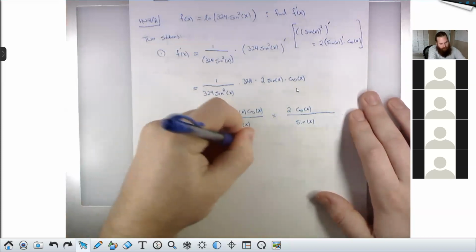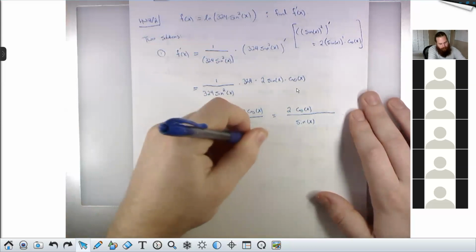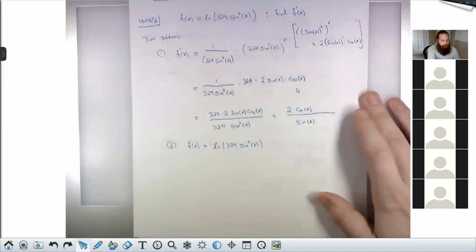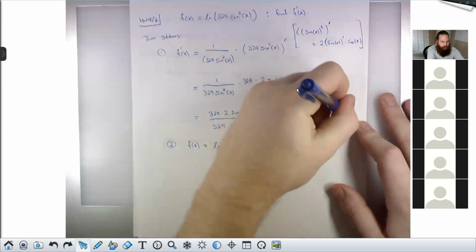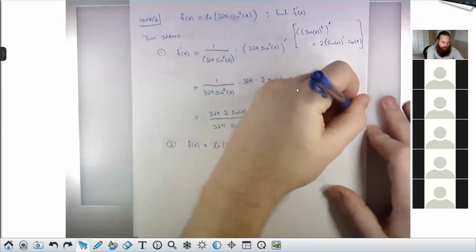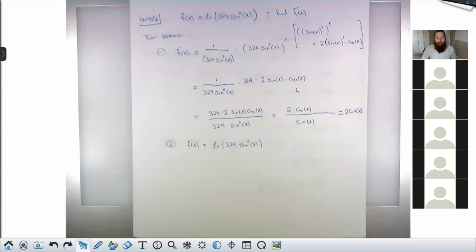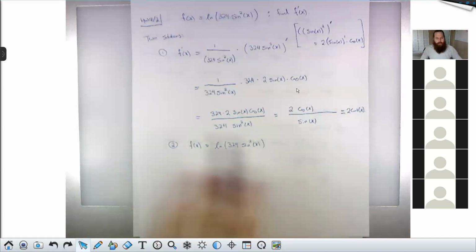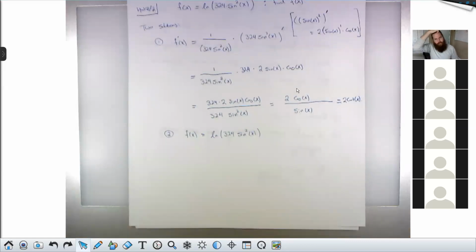Mr. P, couldn't you simplify the final answer? You could write it as 2 cotangent, yeah. Would we have to simplify it, or could we just leave it as you left it? I have no problem with you leaving it as cosine x over sine x. That would be okay.